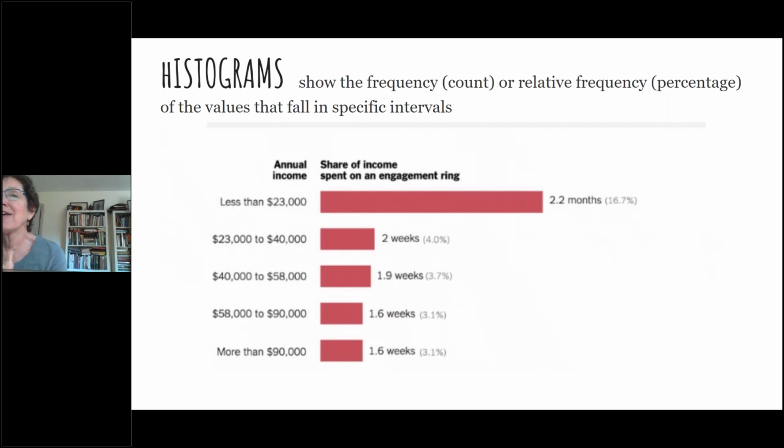Now that could give us all kinds of questions, right? Like, why are people who are making less money spending more money on an engagement ring? What is it about the culture?